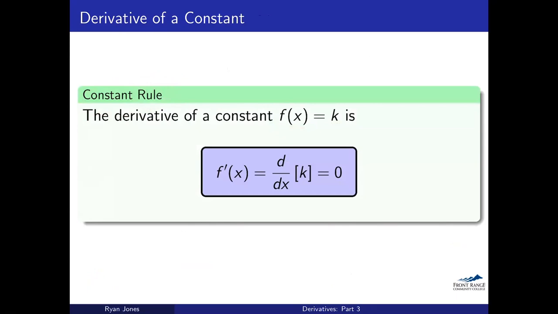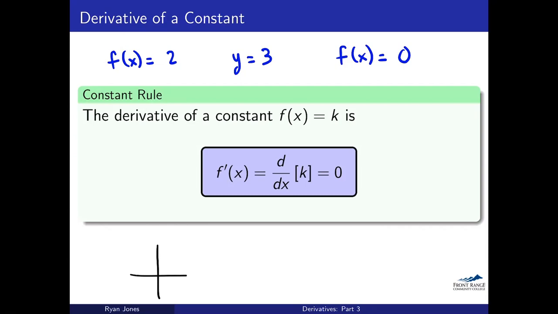So an example of this would just be f of x equals 2, or maybe I write y equals 3, or maybe I write f of x equals 0. I can write any of these things, and those are all just constants. If you were to graph these, they would just look very, very simply like that, just a straight flat line, if we were to graph these on a graph.